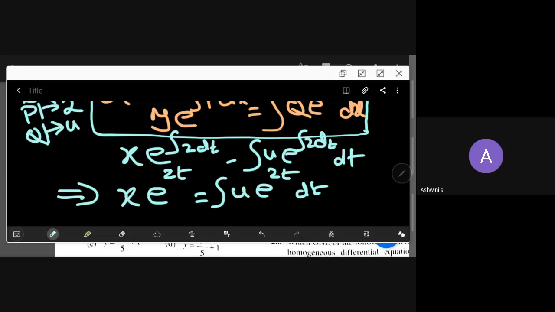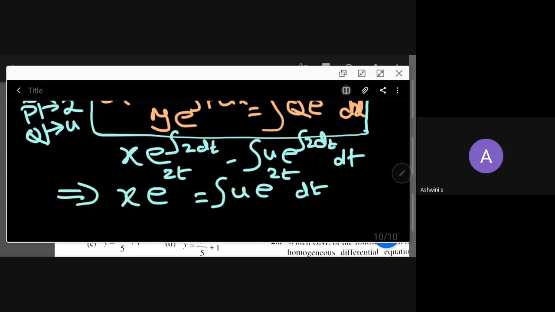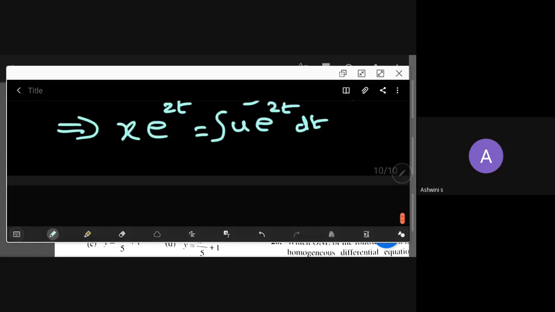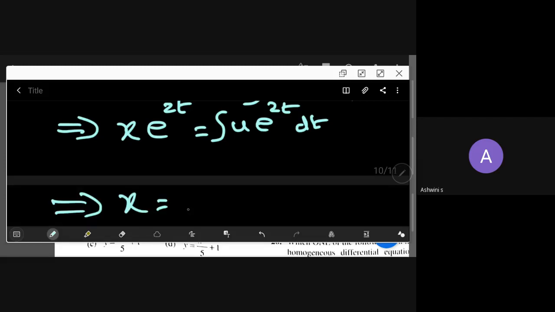So our x is now e power minus 2t integral u e power 2t dt. That will be the answer. So where is that?